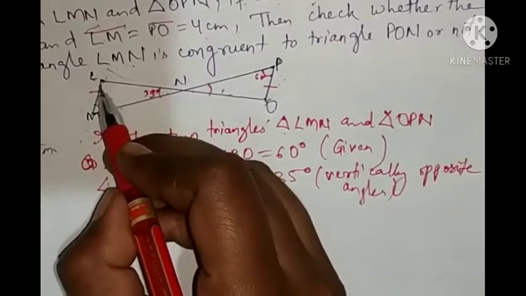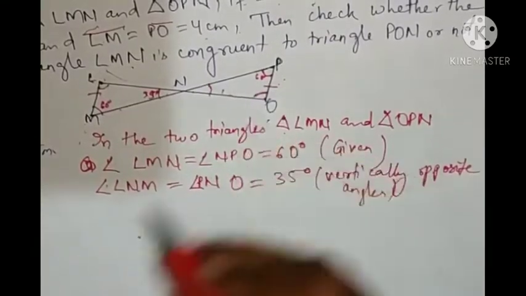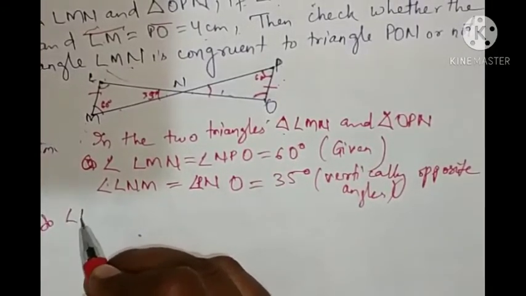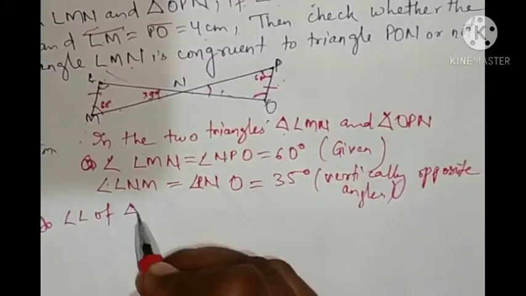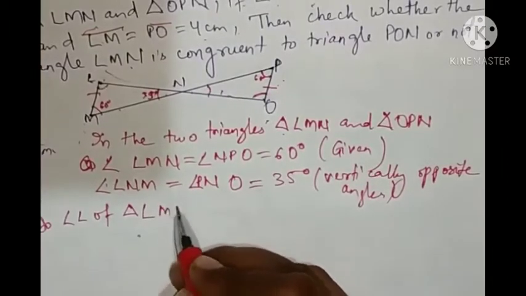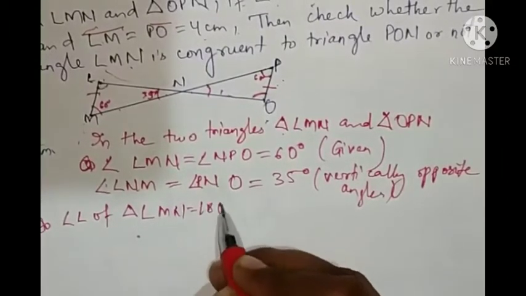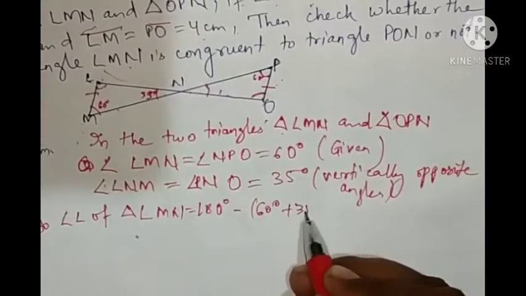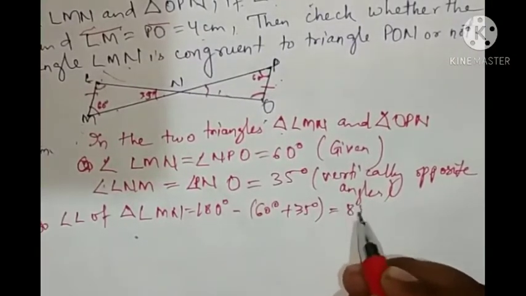Okay, next we have to find out this angle. So how will we find it? Angle L of triangle LMN equals 180 degrees minus (60 degrees plus 35 degrees), that is how much? 85 degrees.